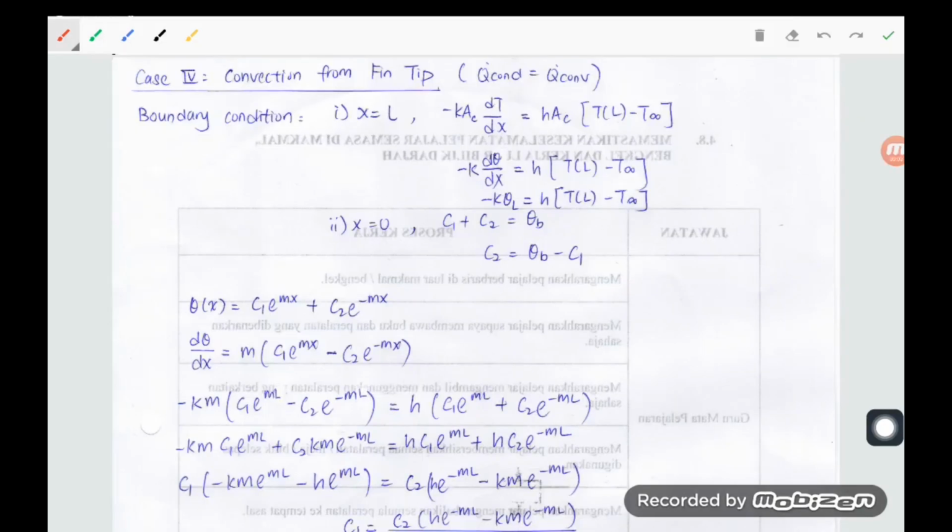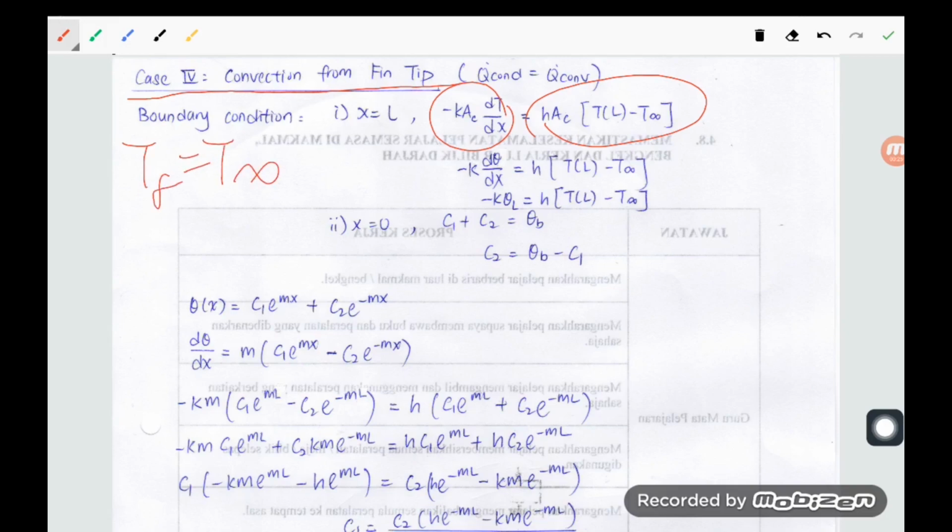Now let's move on to the last case, which is convection from the fin tip. The heat conducted through the fin is released by convection at the fin tip. Before this, we know that in the first case T fin is equal to T infinity. For case 2, we know that d delta over dx equals 0.